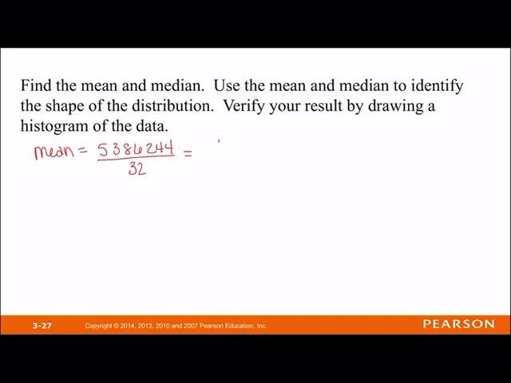And when you do that, you should get 168,320.125. So if we're talking about the value of a house here, you can add a dollar sign to the front and we'll round to the nearest cent. Not that you're going to buy a house that's rounded to the nearest cent, but whatever. It would be 13 cents. Okay, so this is going to be your mean.